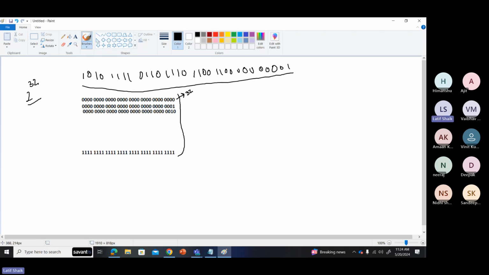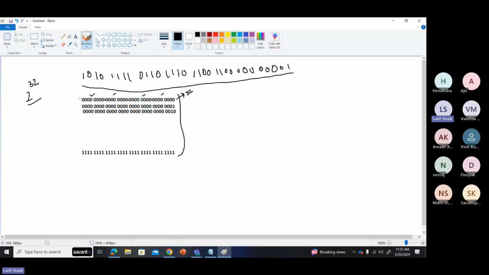This entire 32-bit number is divided into 4 parts with a dot. This is part 1, part 2, part 3, part 4. It is divided into 4 parts for convenience.